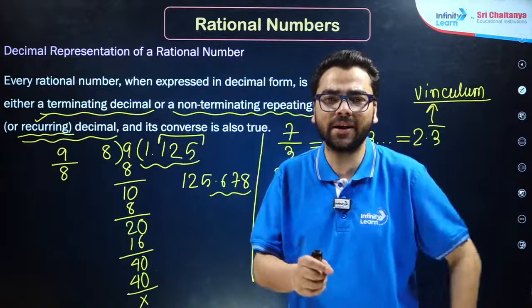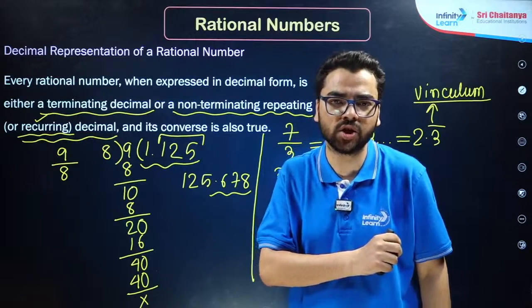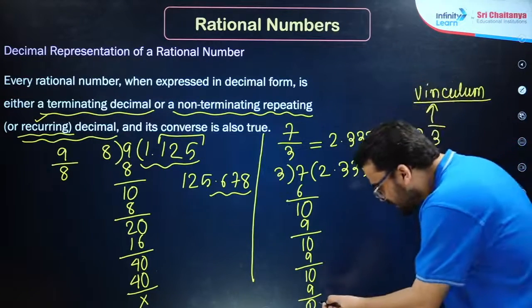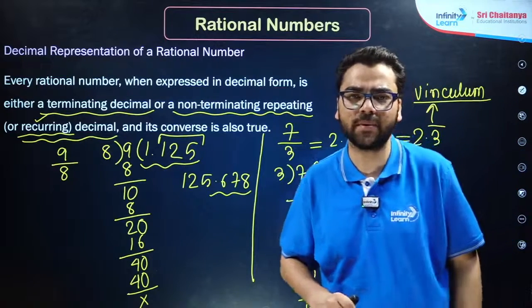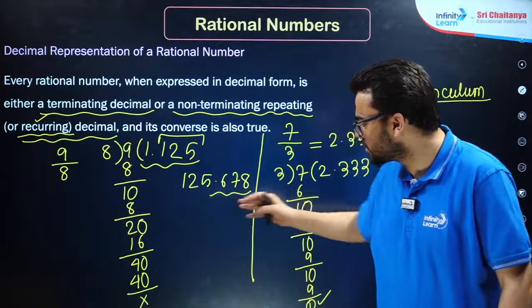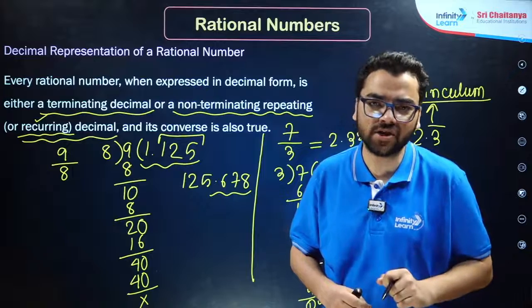So non-terminating repeating or non-terminating recurring decimal representation can be there as well, and it will come when the remainder is not equal to 0. Non-terminating repeating decimal representation will be there when the remainder is not equal to 0. So only these 2 types of decimal representation can be there in case of rational numbers.